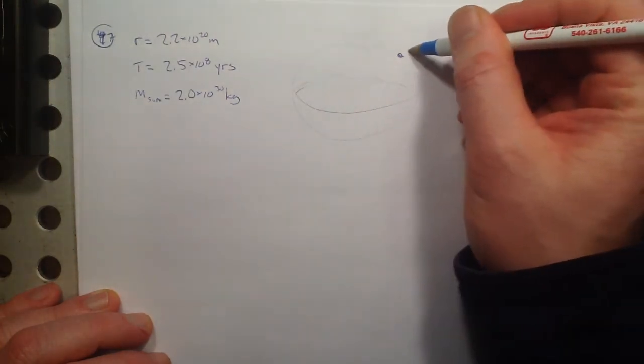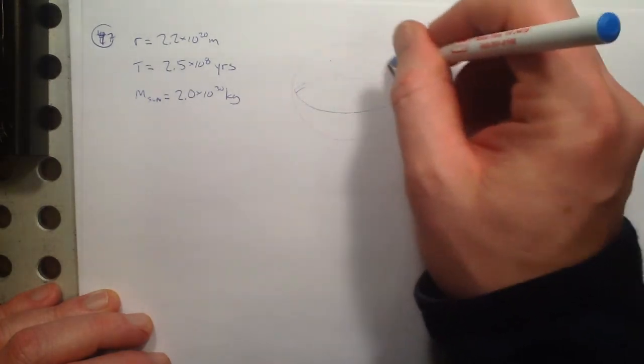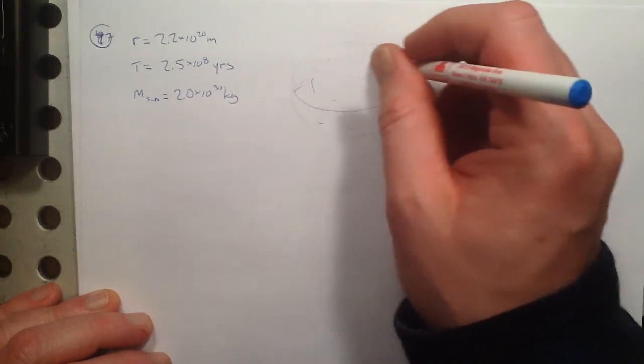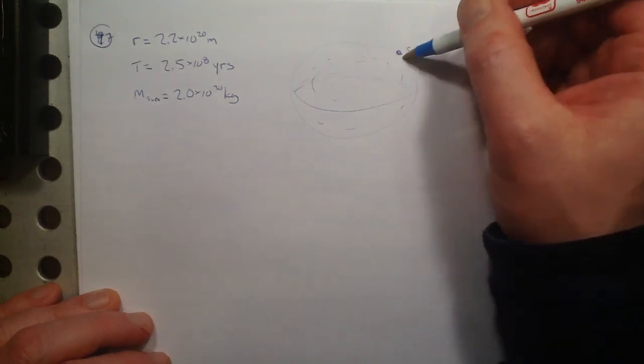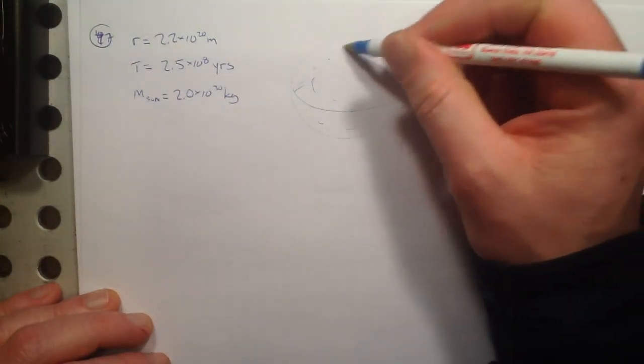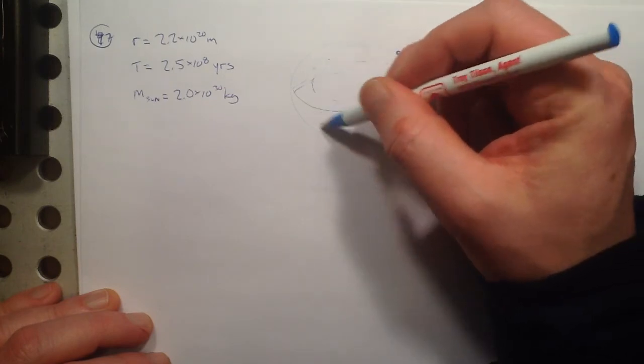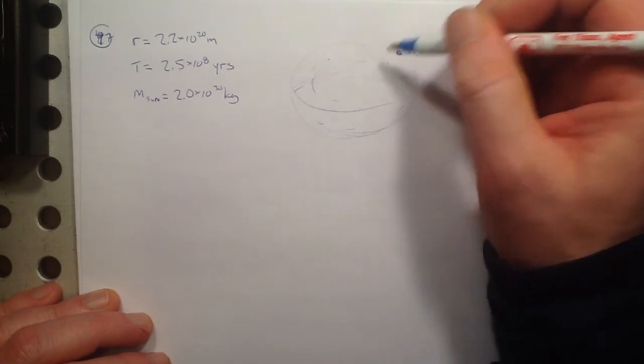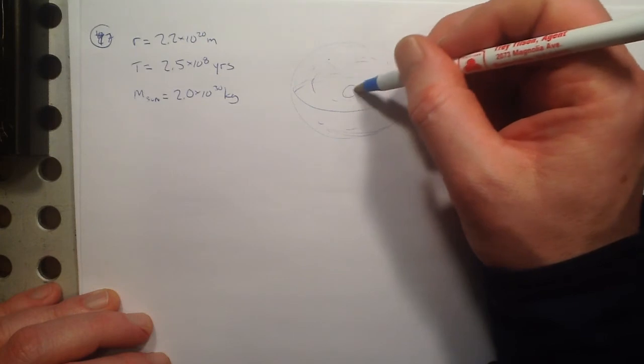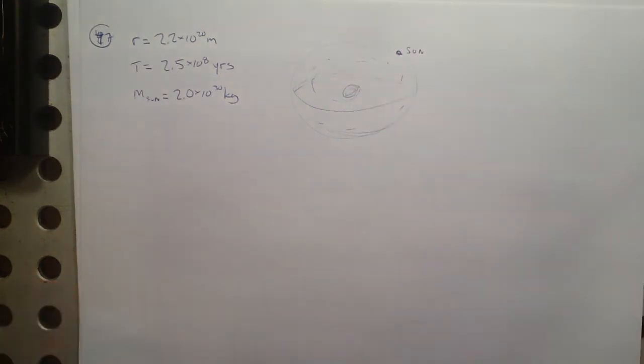So if this is our Sun out here, and this is the whole Milky Way populated by many, many, many stars, the Sun responds to the presence of all these stars as if this was a planet. It doesn't make any difference if the stars are all scattered all over the place or every single one of them is concentrated in a giant lump in the middle. It does not make any difference to the Sun.